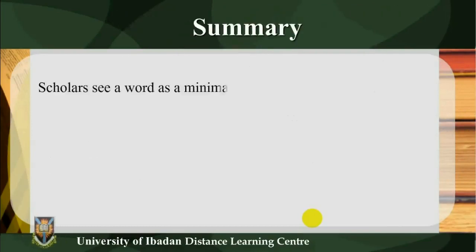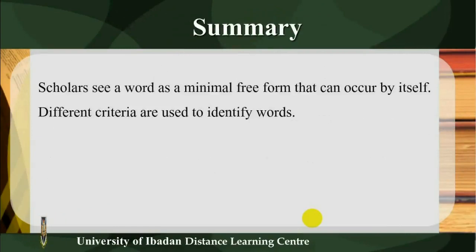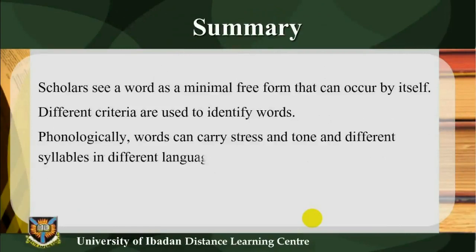Study session summary. Scholars see a word as a minimal free form that can occur by itself. Different criteria are used to identify words. Phonologically, words can carry stress and tone and different syllables in different languages.